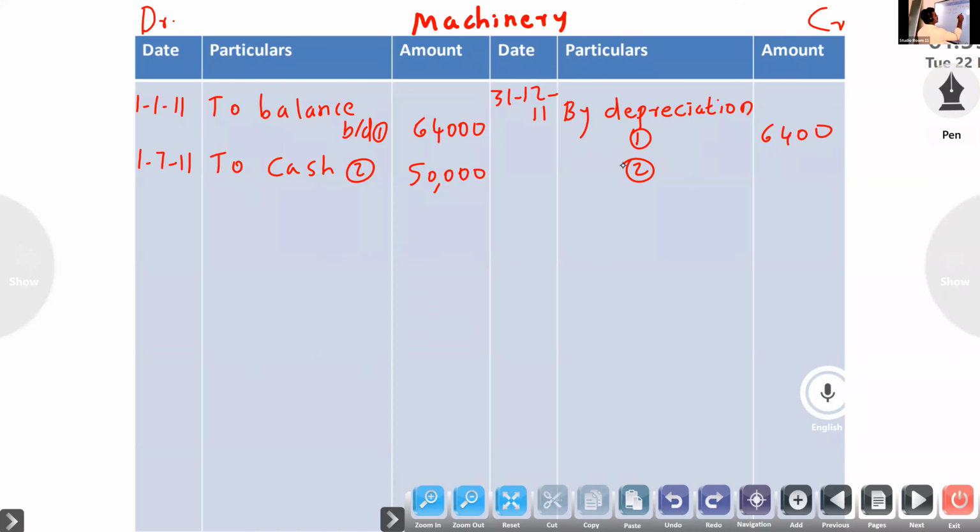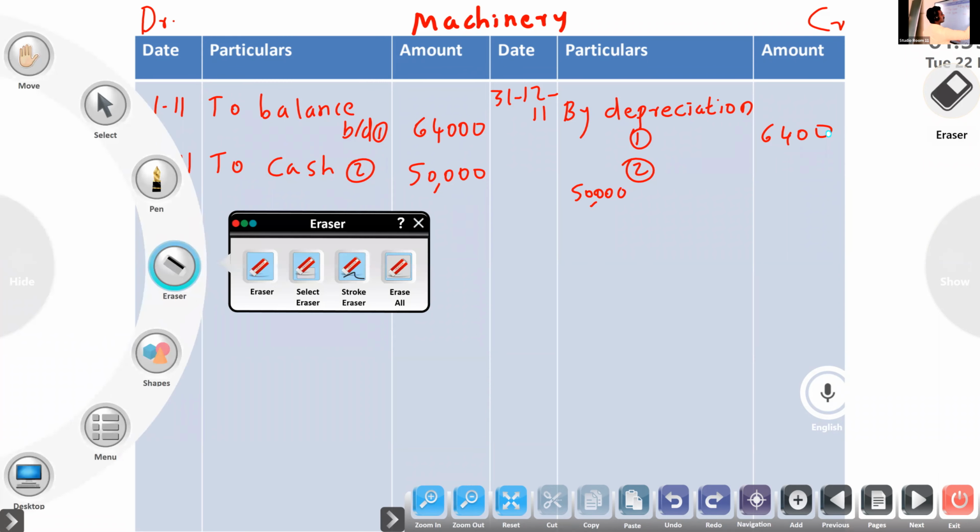So 50,000 into, sorry. No, here percentage is 20%. So 64,000 20%, 12,800. Sorry, 12,800.